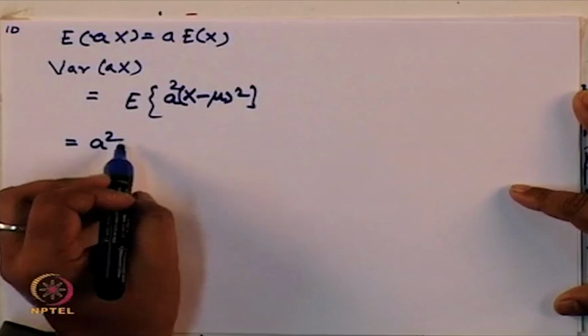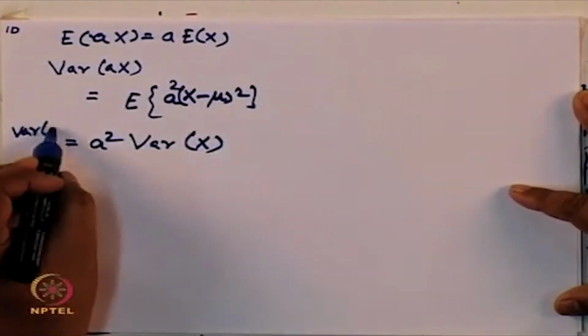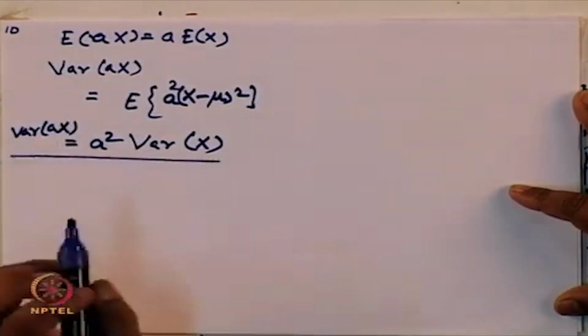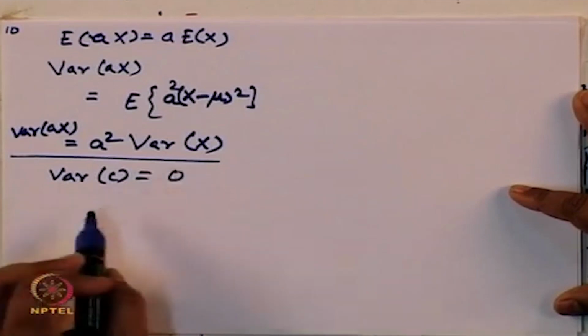Variance of A x is going to be A square variance of x. Okay. Variance of a constant is going to be 0.